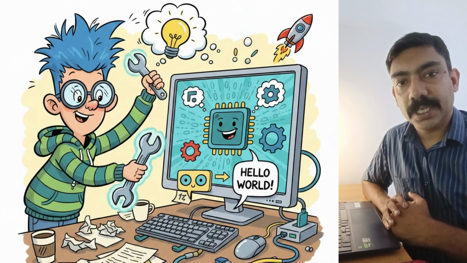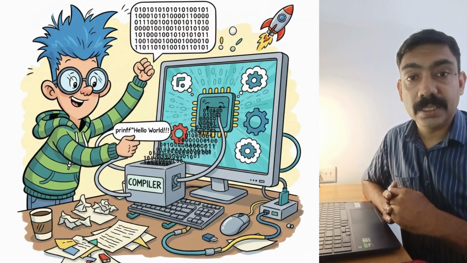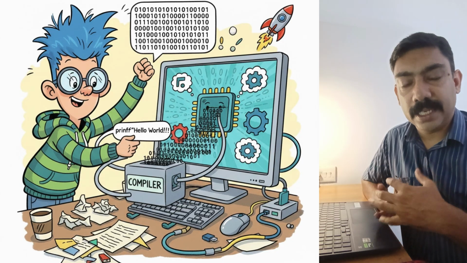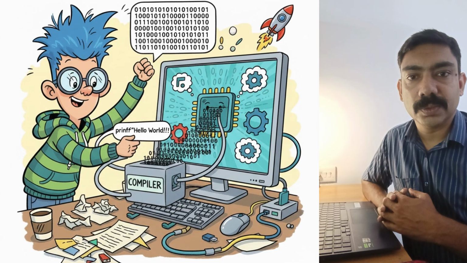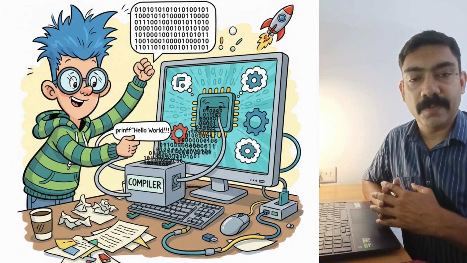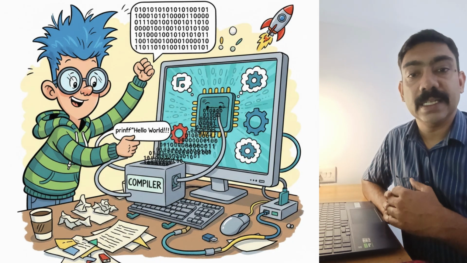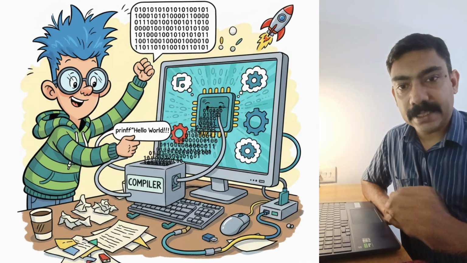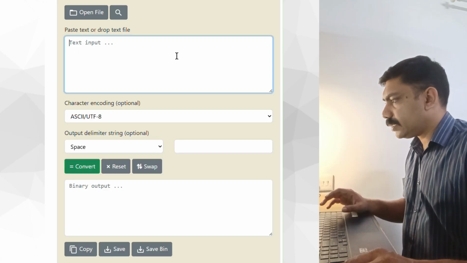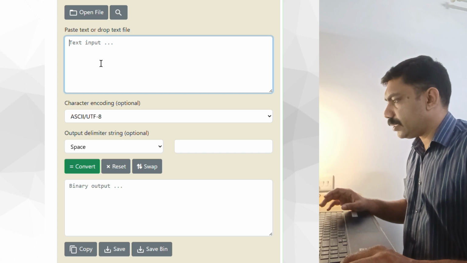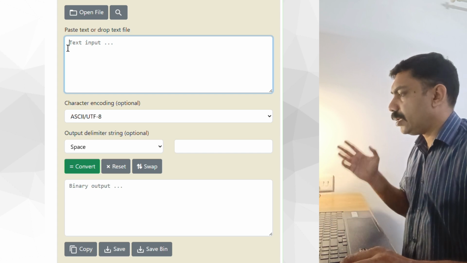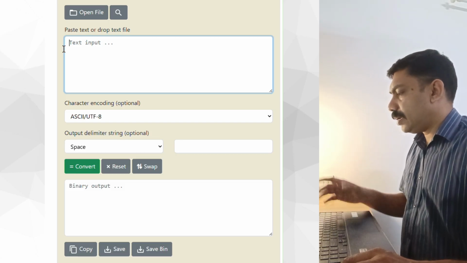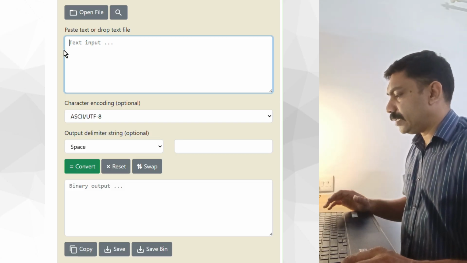A computer is a digital device which only understands zeros and ones. So it's difficult for humans to write very big instructions in this binary format. Let me show you an example. Normal human readable English alphabets, how are they shown in binary form?